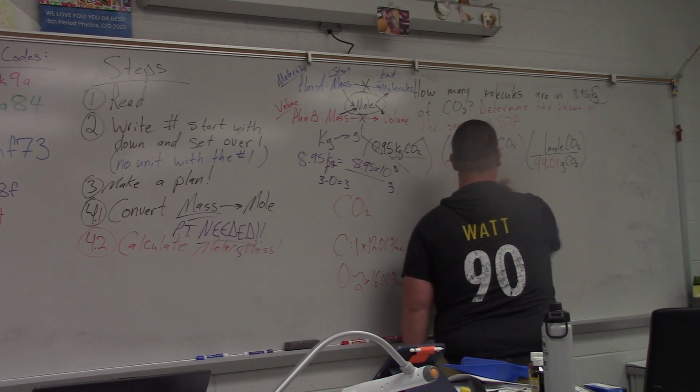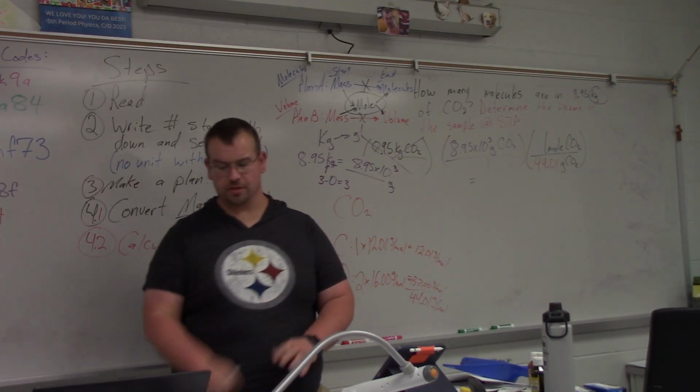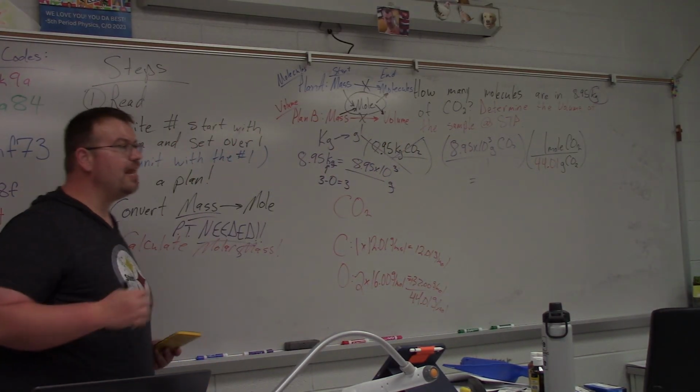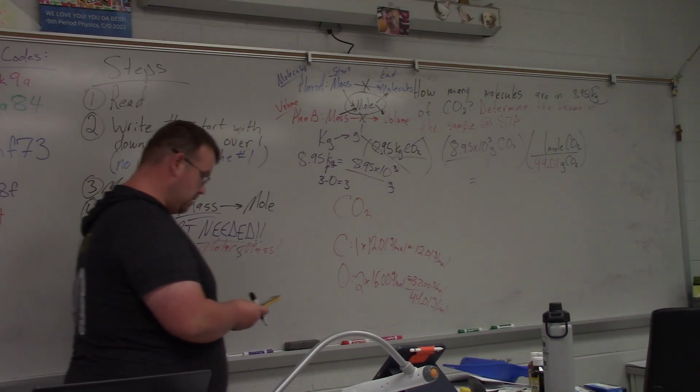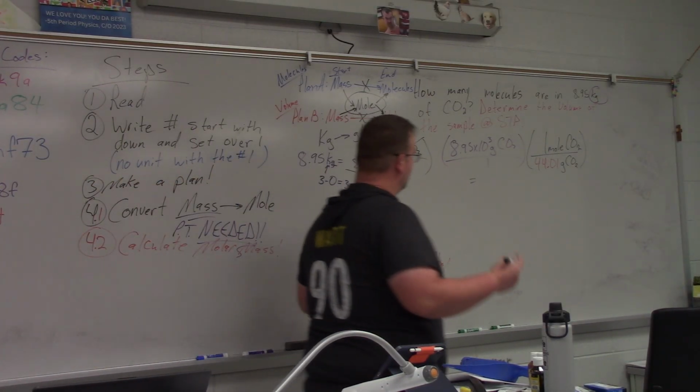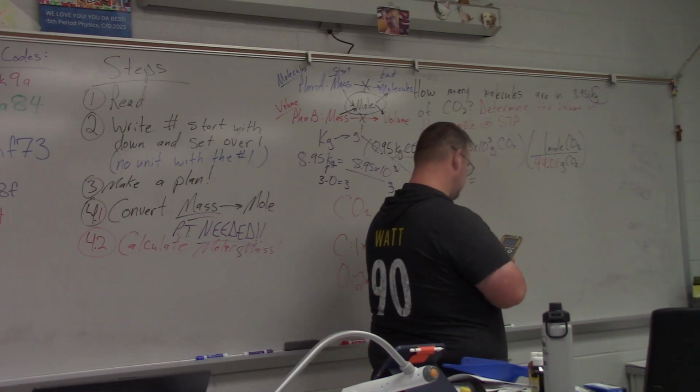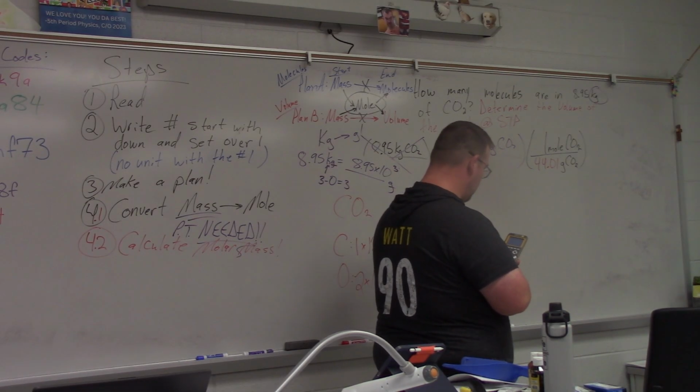So I will literally punch this in a calculator because I don't want to do a ton more work. You can if you want to. It's all up to you. So divide that by the 44.01.